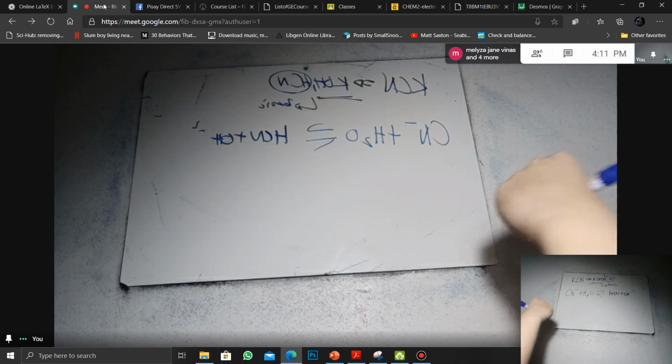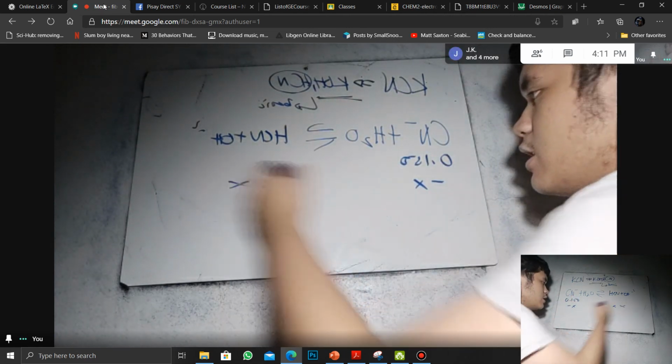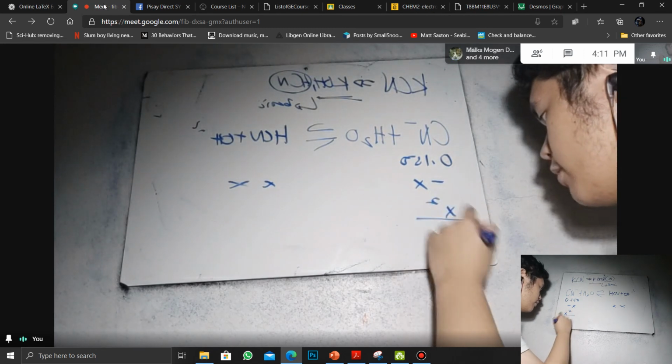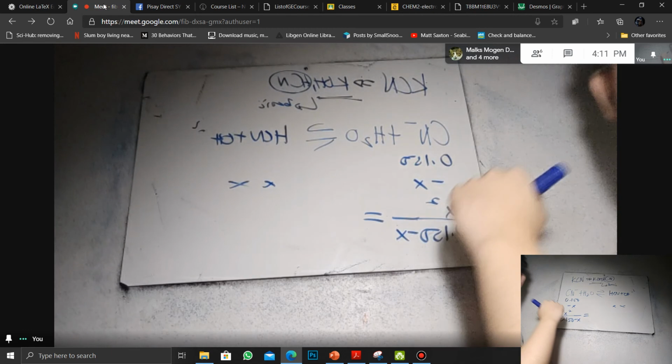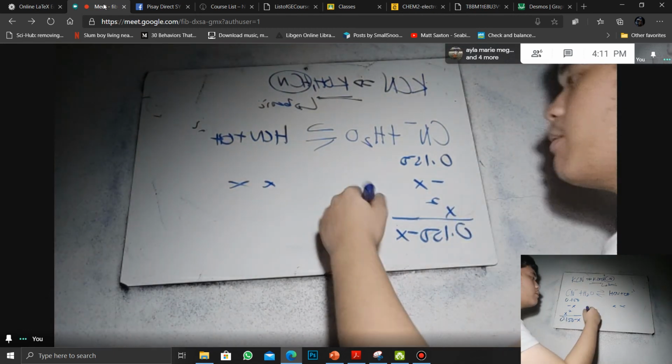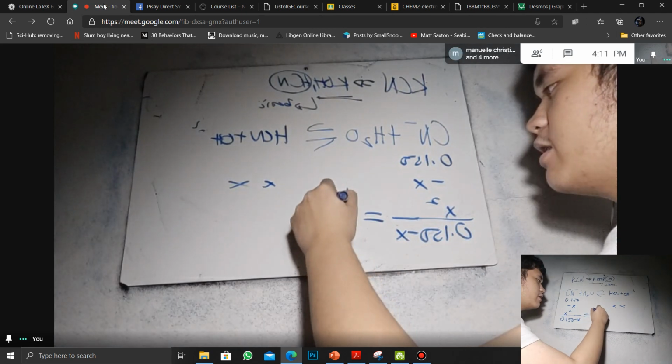ICE stable, 0.150 minus x, x, x. x squared over 0.150 minus x equals to, di ba, Kb? Kasi base siya. So, divide Kw by Ka.